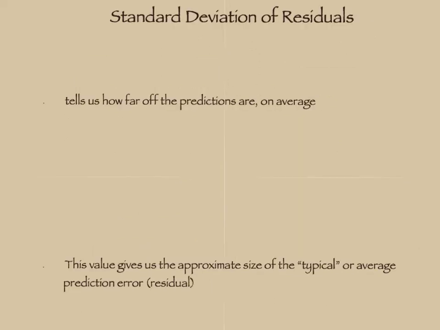Standard deviation of residuals. They tell us how far off the predictions are, on average. So how do we find the standard deviation of the residuals? We will use the equation: the standard deviation of the residuals, s, equals the square root of the sum of all the residuals squared divided by n minus 2.